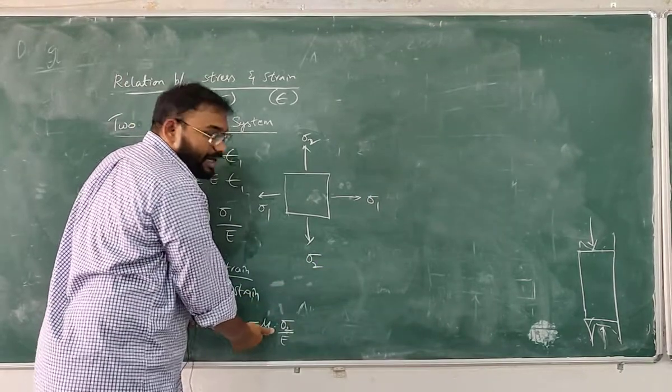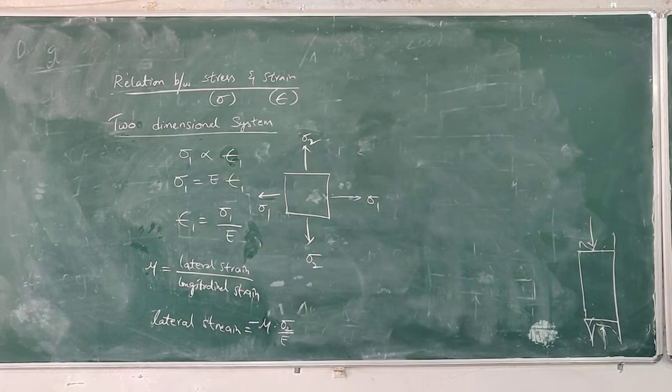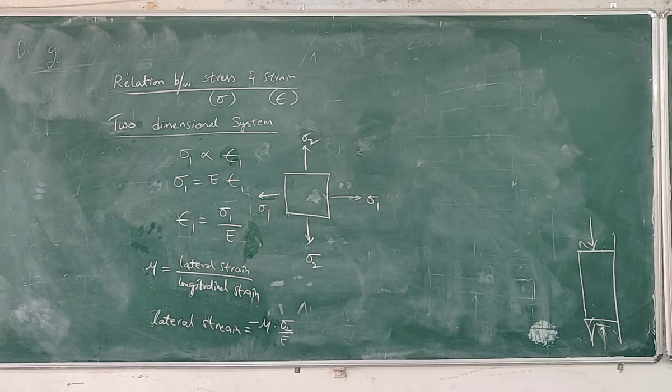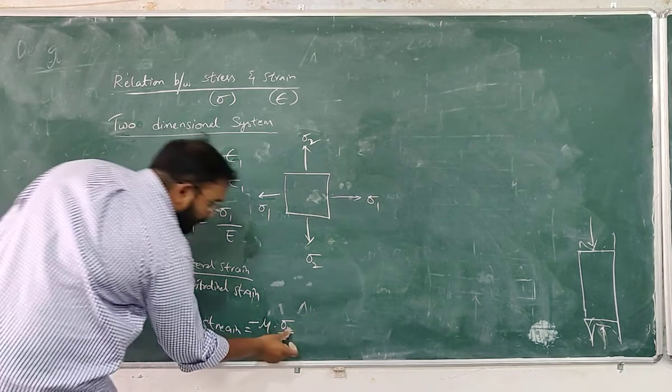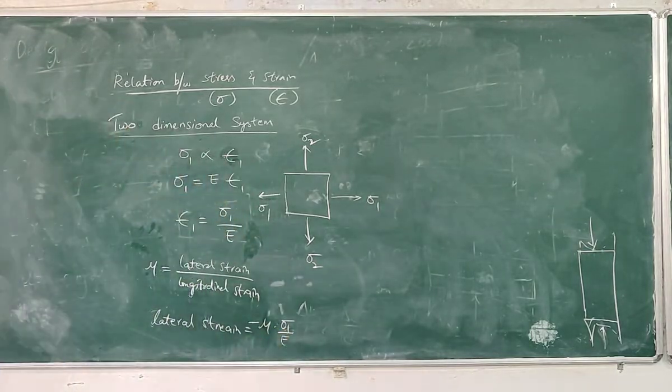So one should be negative. So we'll write minus sigma 2 by E for this one. Sorry, this is sigma 1 only, sorry. This is sigma 1. Mu times sigma 1 by E.